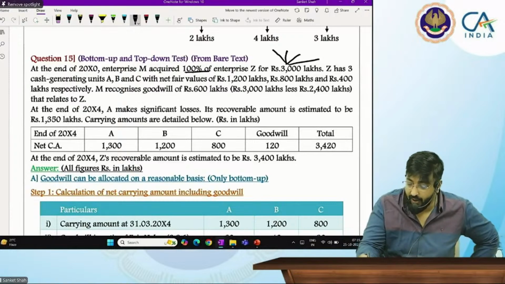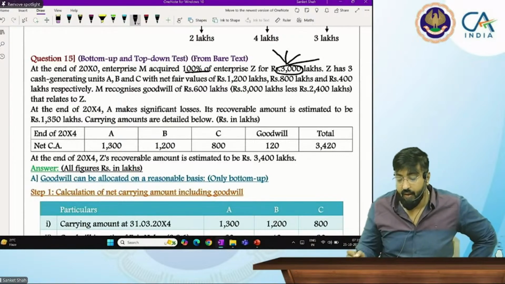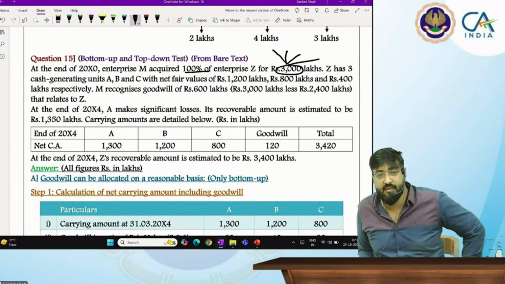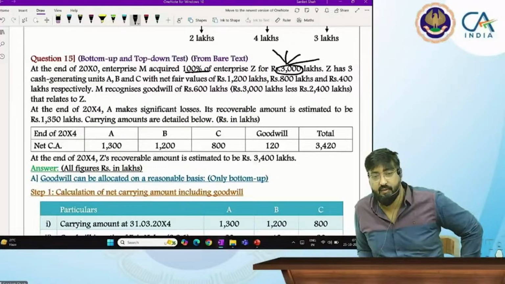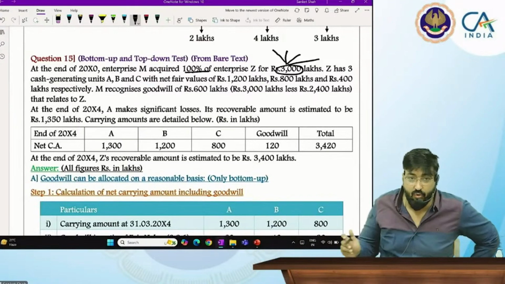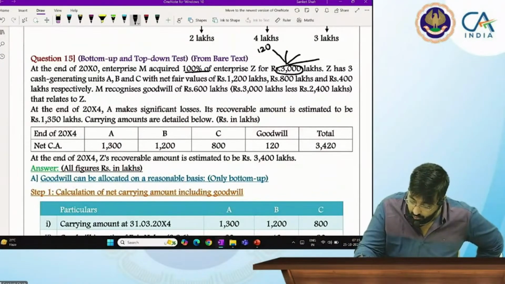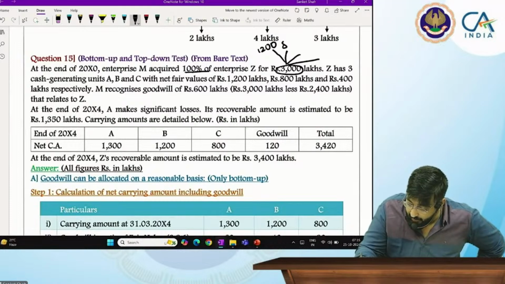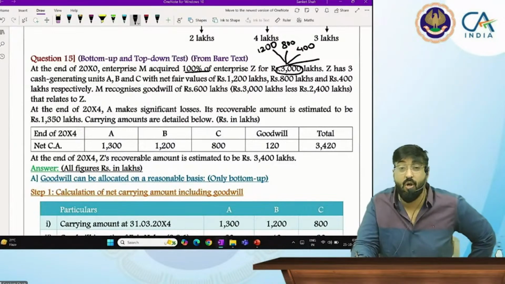So if you acquire one business from Z, whose CGUs are 1200, 800, and 400, can you tell me they are paying extra? Yes, they're paying 3000 for the entire unit, sir.